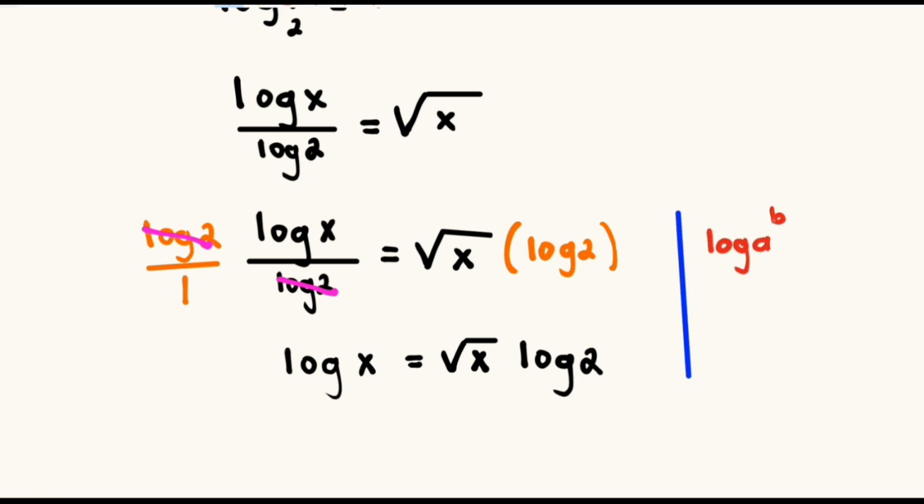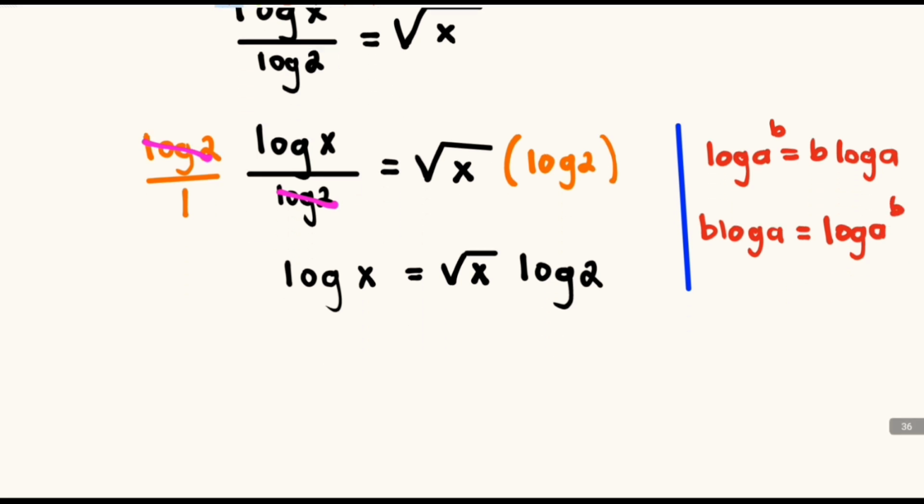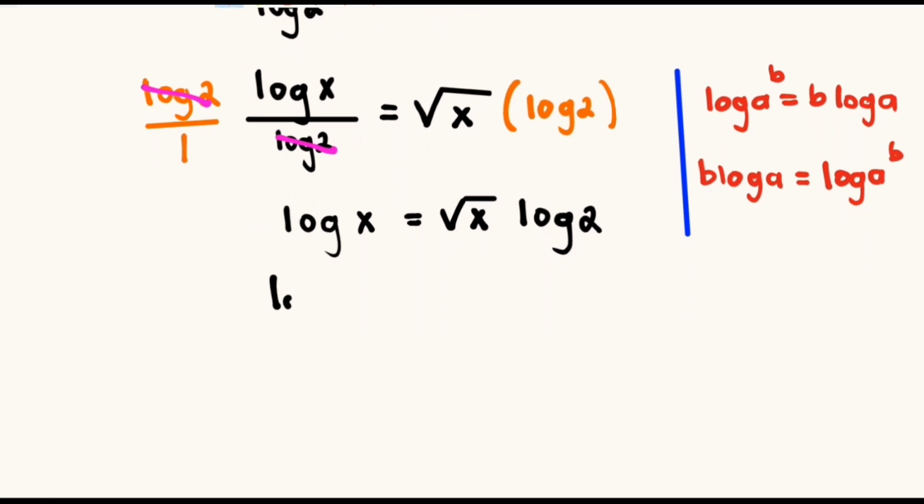The log of a raised to the power b equals b multiplied by log a. The corollary is true. The b multiplied by log a equals the log of a raised to the power b. We apply this law on the right hand side, where we'll have the log of 2 raised to the power the square root of x.